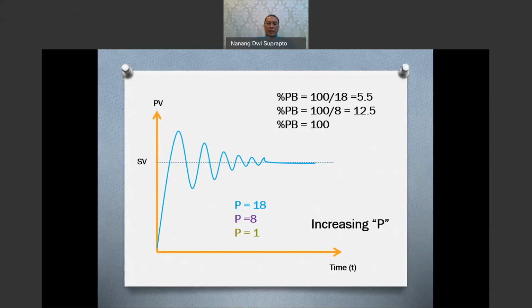How about if P equals 8? How about if P equals 1? So basically, proportional band equals 100 divided by 18, which is about 5.5. For P equal to 8, it is 100 divided by 8, which equals 12.5. If P equals 1, the proportional band equals 100.